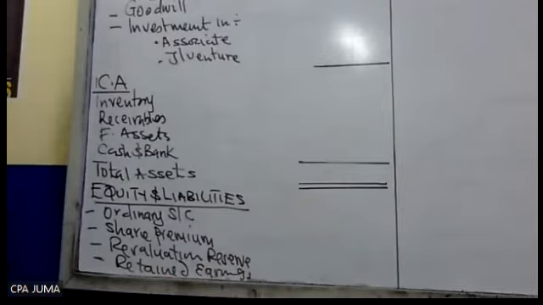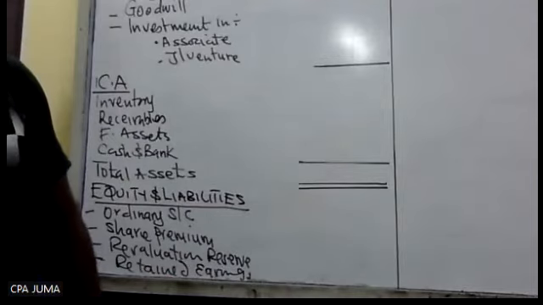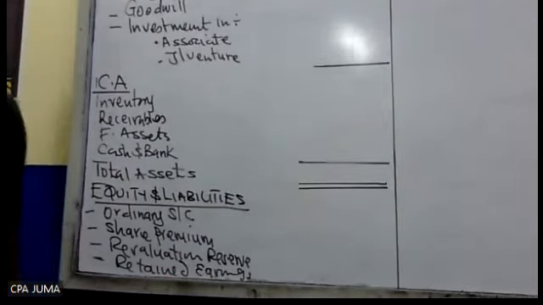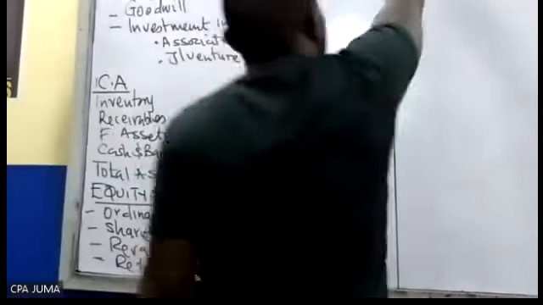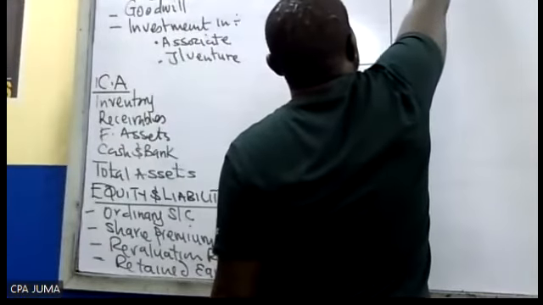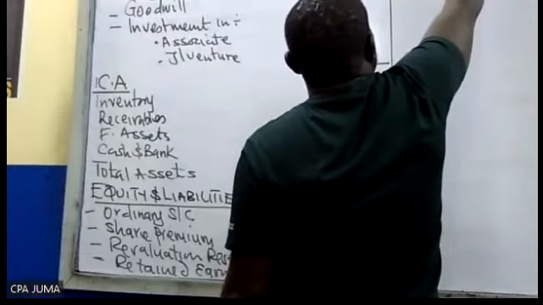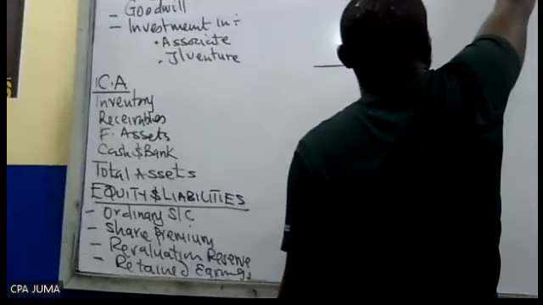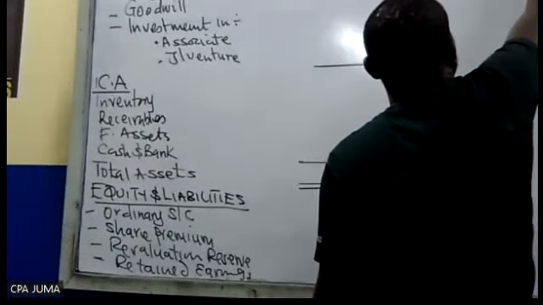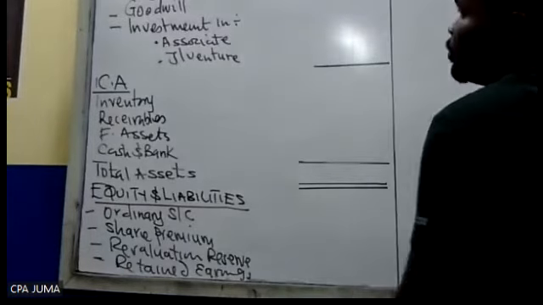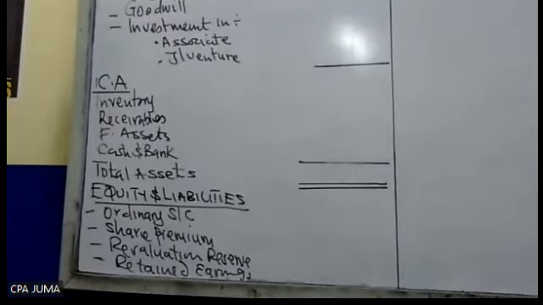Then complete it with NCI. So non-controlling interest. Non-controlling interest, you will add the total.